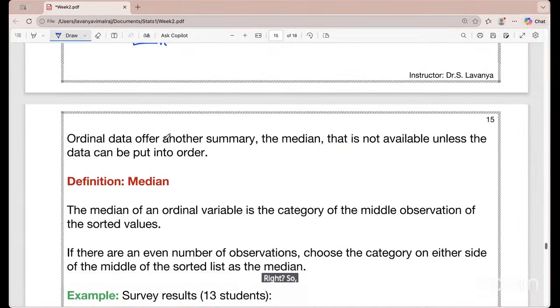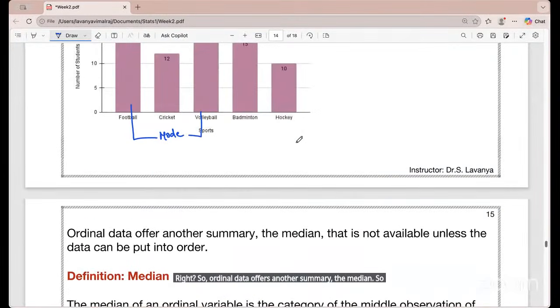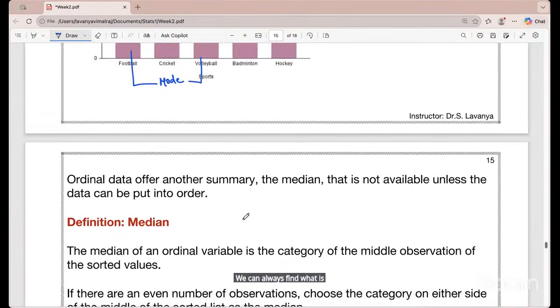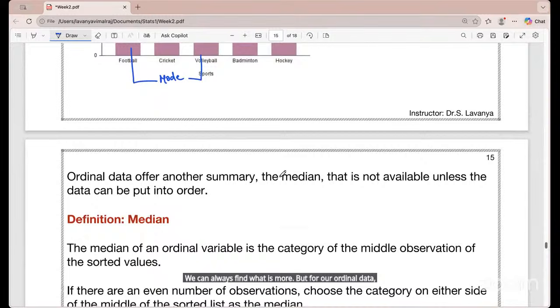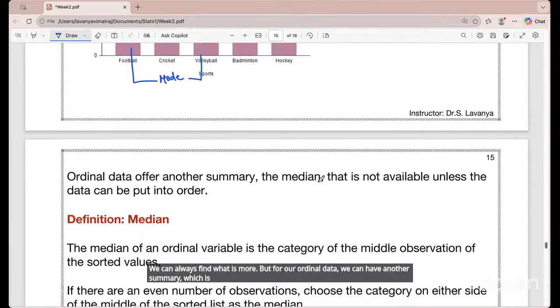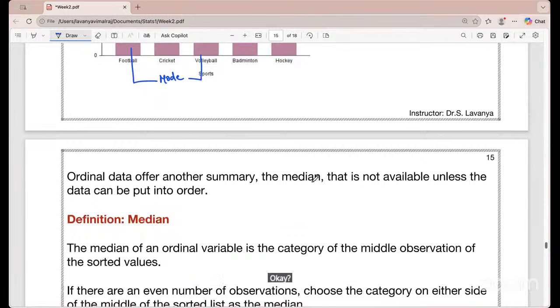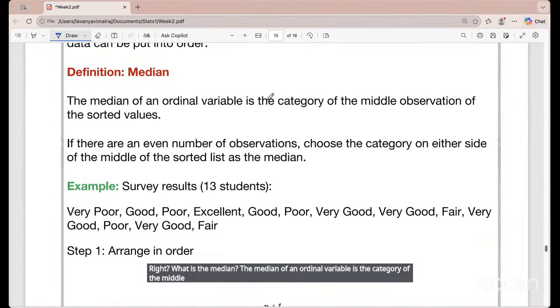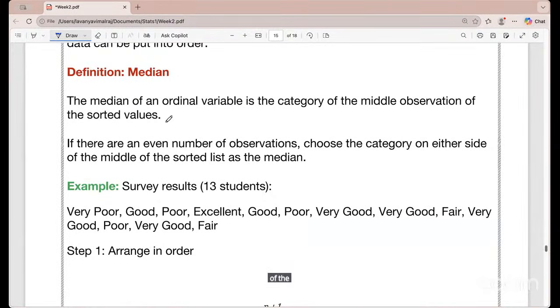So ordinal data offer another summary, the median. For any nominal data, we can always find the mode. But for ordinal data, we can have another summary, which is called the median. This is possible only when we have a specific order of the given data. The median of an ordinal variable is the category of the middle observation of the sorted values.